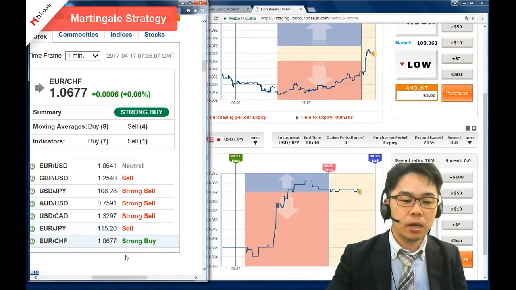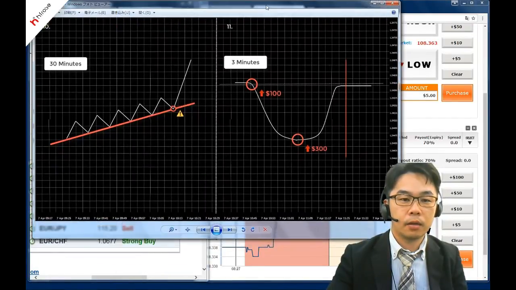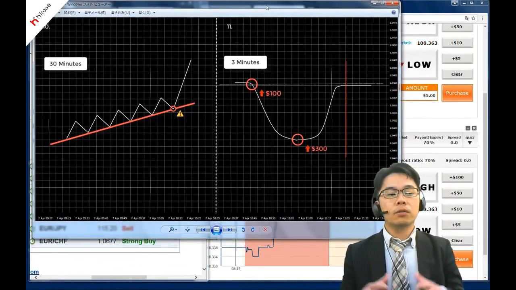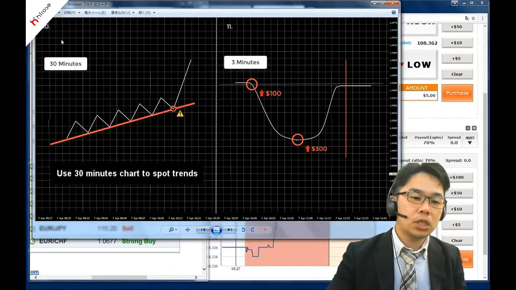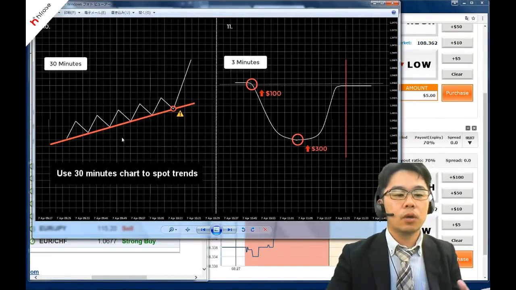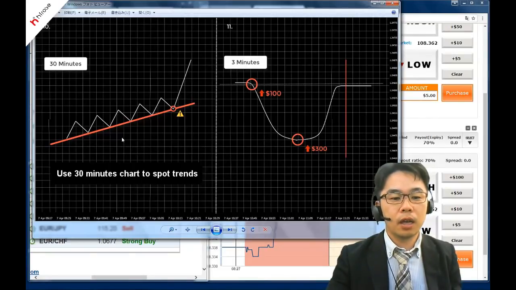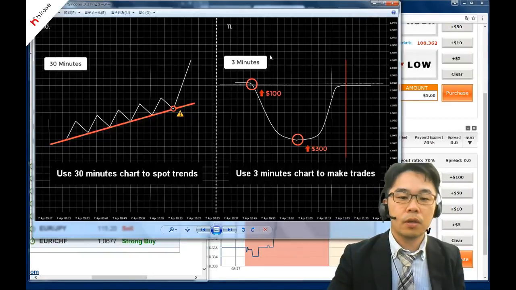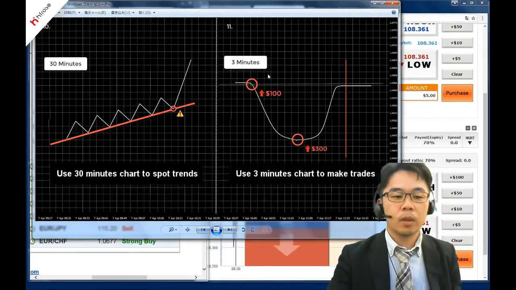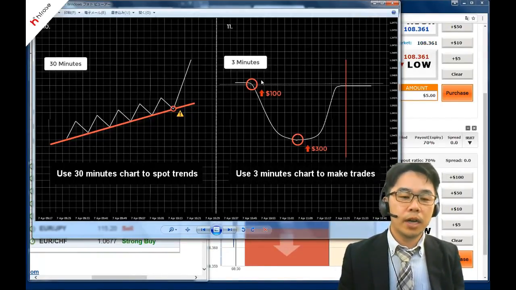Let me share one picture with you. So we talked about the 303 strategy. We look at the 30-minute chart to see whether the market trend is up or down, and then use the 3-minute chart to make a purchase.